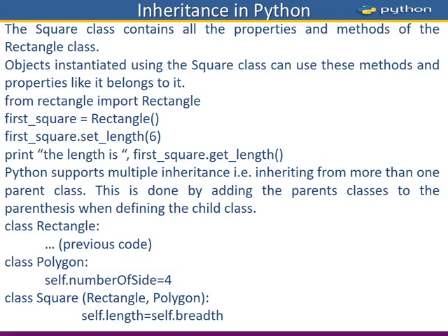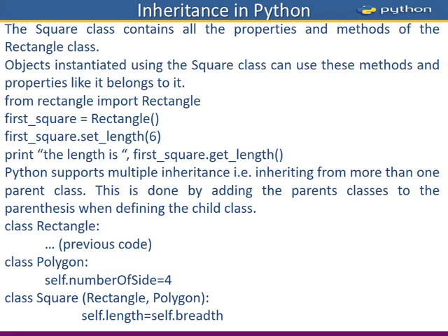We have taught that in 201, introduction to Python programming. It supports multiple inheritance, that is inheriting from more than one parent class, and this is done by adding parent classes to the parentheses when defining the child class. So when we are defining the child class, we need to add the parent classes to the parentheses.